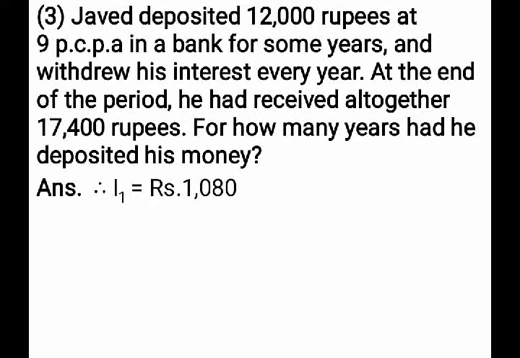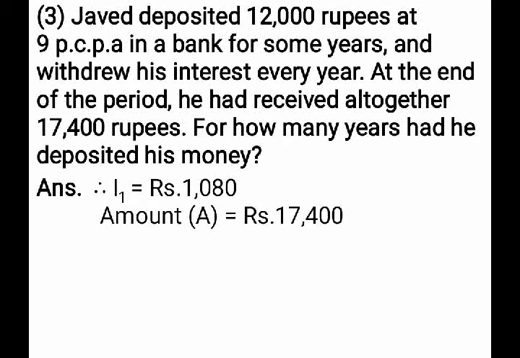Now you have to find the second interest, since interest 1 is given. Read and understand the other sentence of this sum. What is given? At the end of the period, he had received altogether 17,400 rupees. Means amount A is given as rupees 17,400. Use the formula of the other interest, that is amount minus principal. Amount is 17,400 minus principal 12,000.